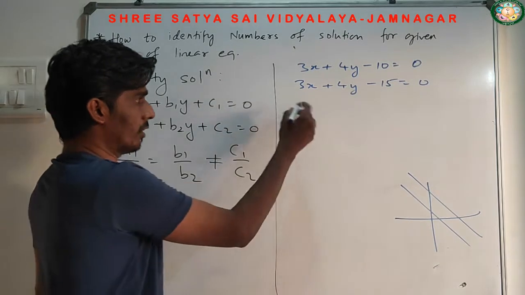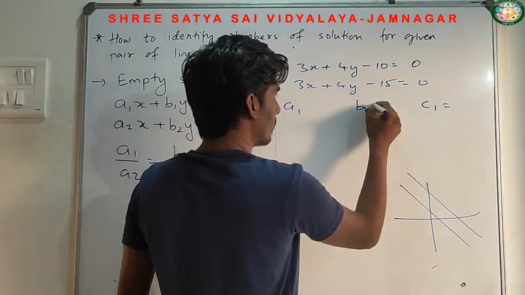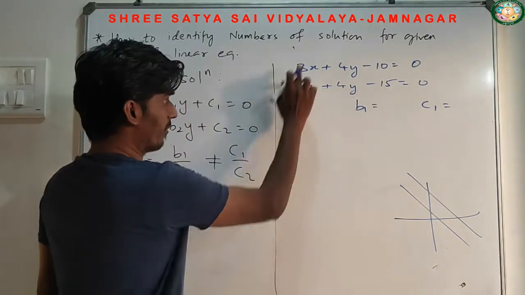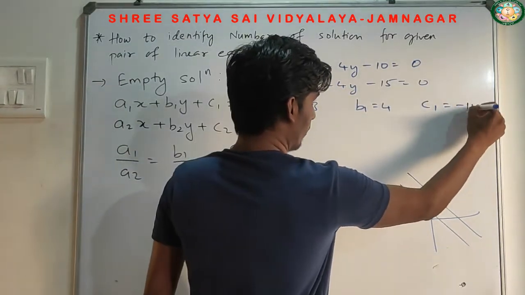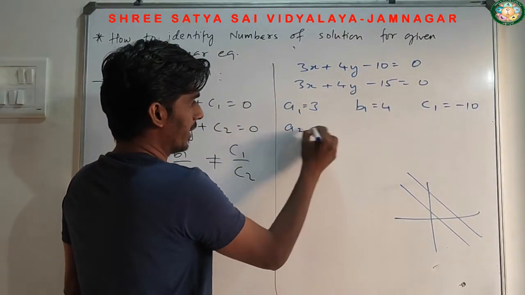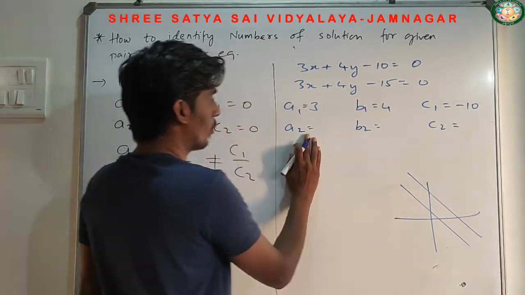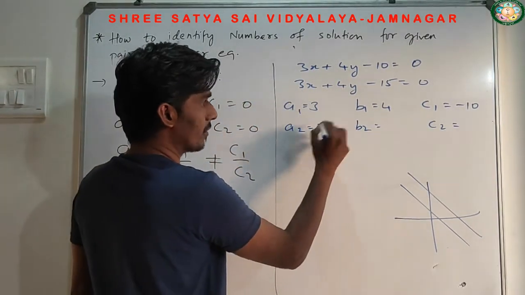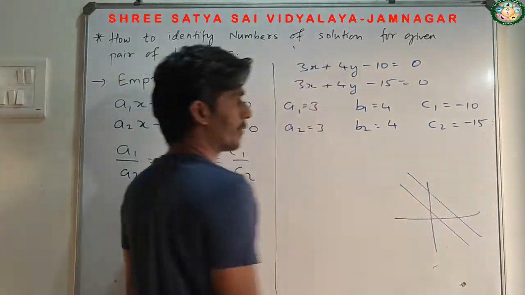Now take out all the values of a1, b1, c1. What is a1 here? 3, b1 4, c1 minus 10. a2 is what? a2, b2 and c2. What is a2 here? It's 3. What is b2? It's 4. What is c2? It's minus 15.